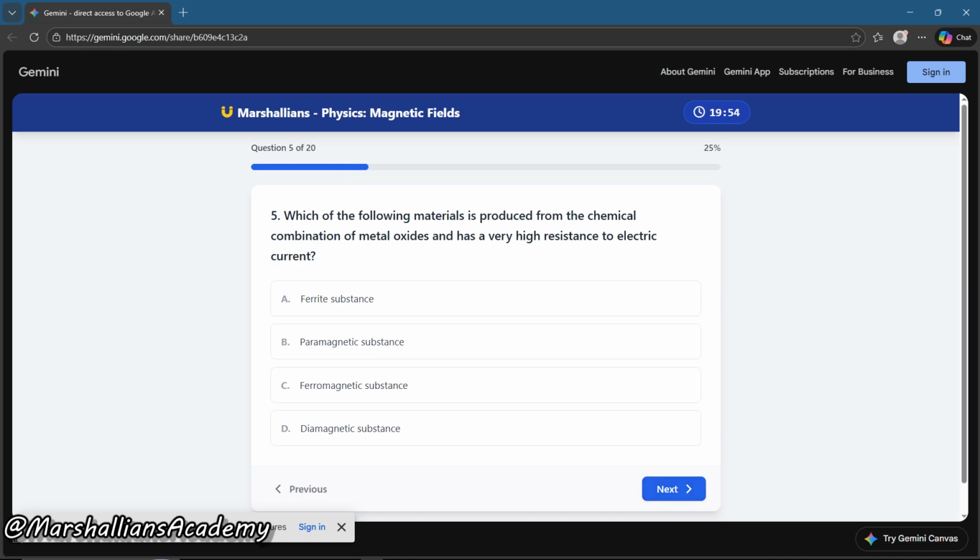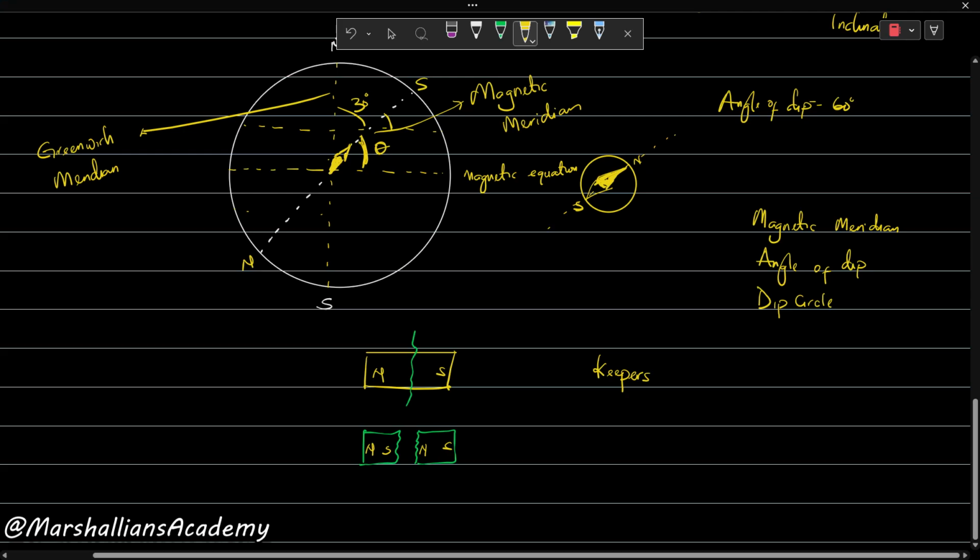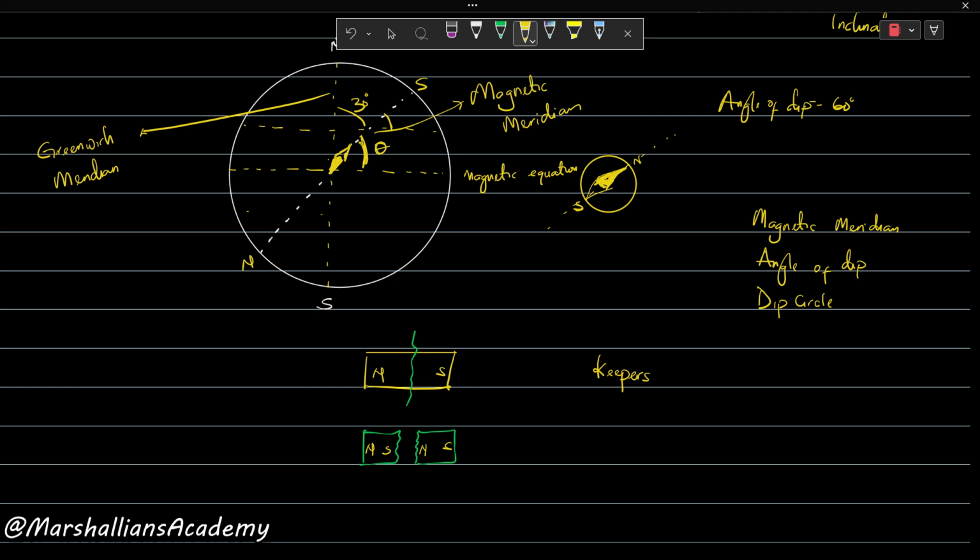All right. Next question. Which of the materials is produced from the chemical combination of metal oxides and has a very high resistance to electric current? I was supposed to say this in our class where we talked about types of magnetic materials. There's something called ferrite materials, sometimes referred to as antiferromagnetic. Let me just use the word ferrite.